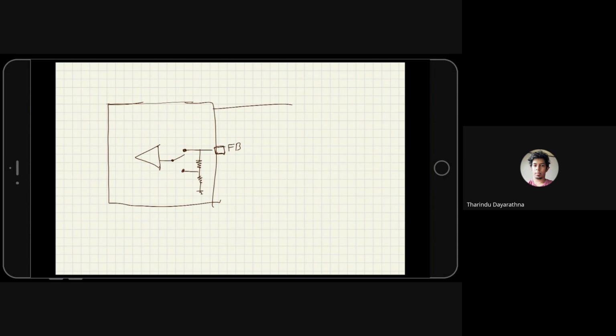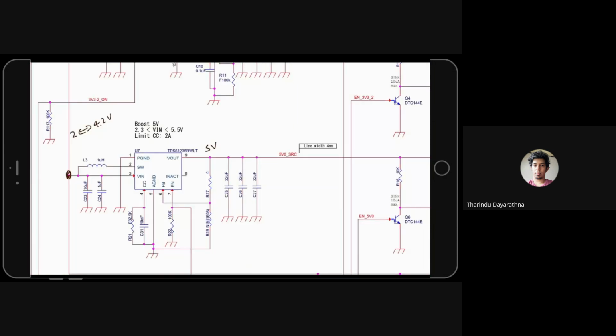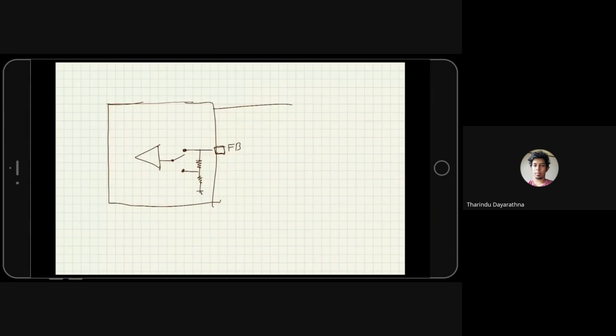In this one, the number is 61235. You don't have the output voltage control option, but the other one has the option.